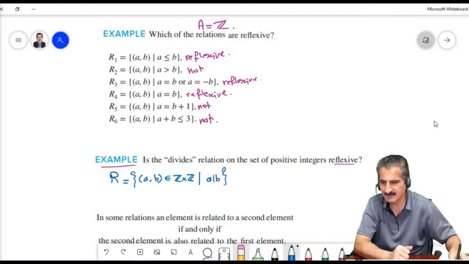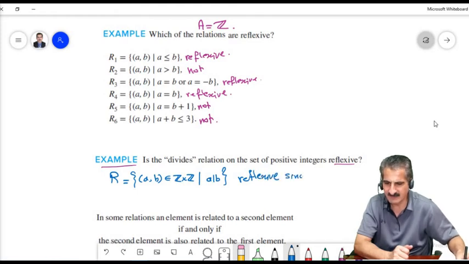Is that reflexive? And this is yes, reflexive, since every element divides itself, and this is true for all integers. So this relation is reflexive.